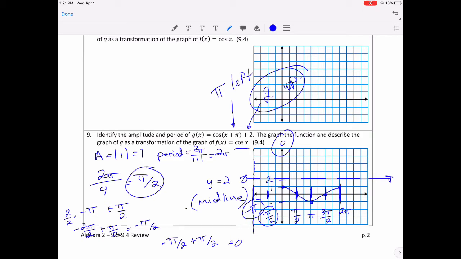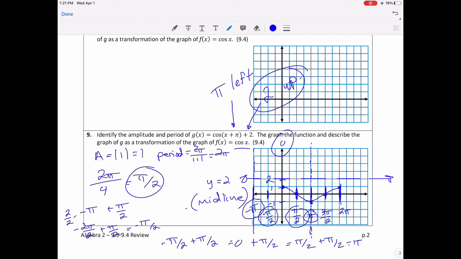And then 0 plus pi halves is pi halves, and then pi halves plus pi halves is pi. Now, that's where it should end. If I want, I can dot that in just to show that that's my ending spot. And notice, negative pi plus 2 pi should be pi. So that's the length of 1 period.